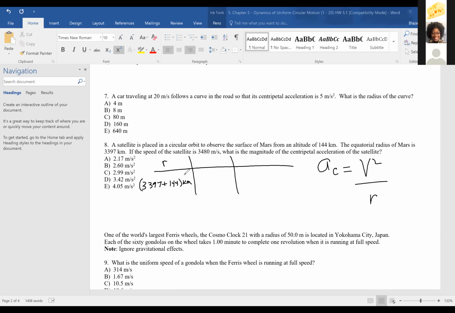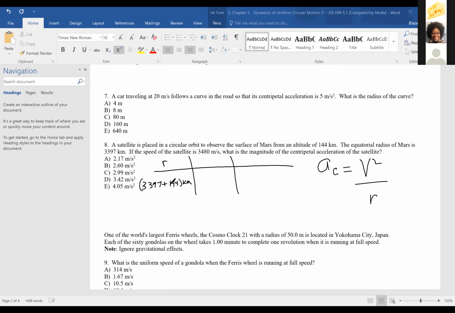Okay, so that would give us then, and we want this given in meters per second. So we have to say, okay, this means kilometers. So that means I have this number times 10 to the third meters.